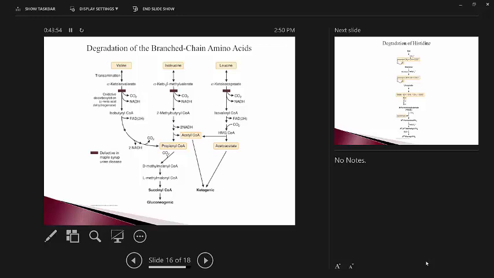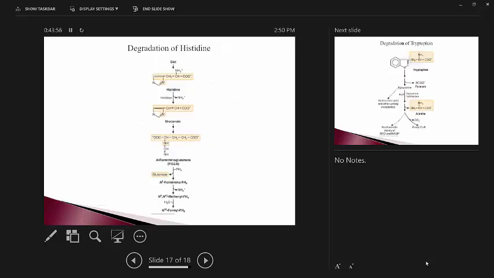Okay. This one we don't have to reboot. This is histidine. Histidine is broken down by histidase, and this is the FIGLU pathway. What happens is 5 of these carbons end up going to glutamate, and this carbon and this nitrogen end up going to make N5-formimino-FH4.